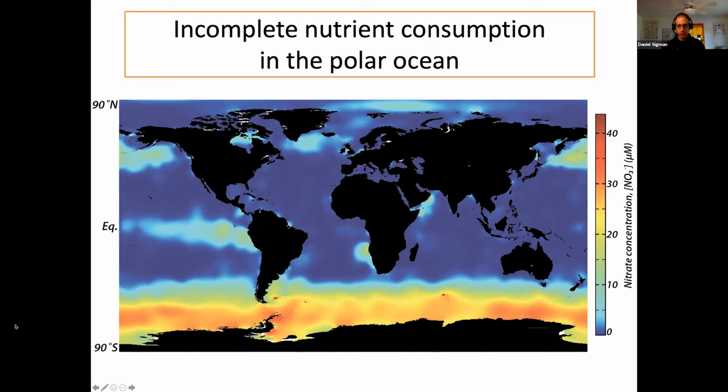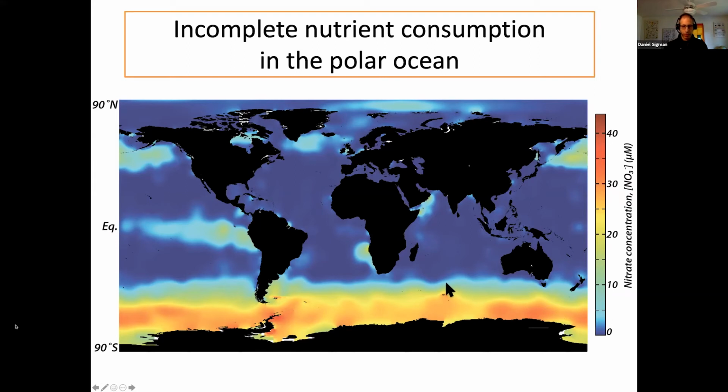But in the high latitudes, there are very high surface nutrients, which is a combination of very rapid resupply of water from below in the high latitudes, and also limitations on phytoplankton growth. And these things mean that the CO2 that was sequestered by the low latitude biological pump is able to escape back out of the ocean in the high latitudes.